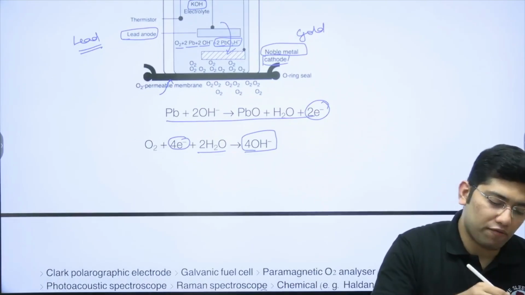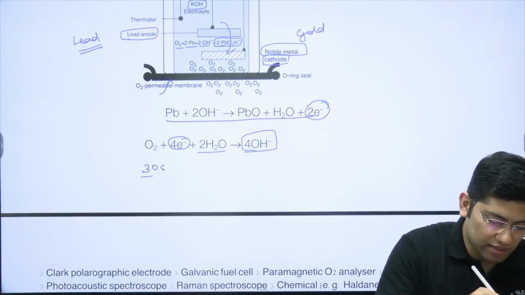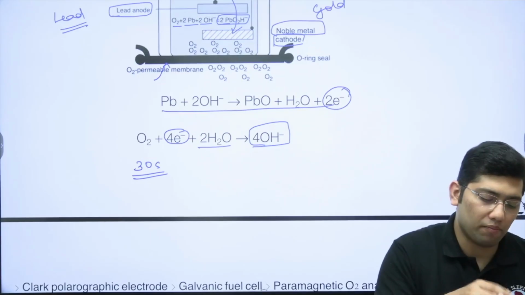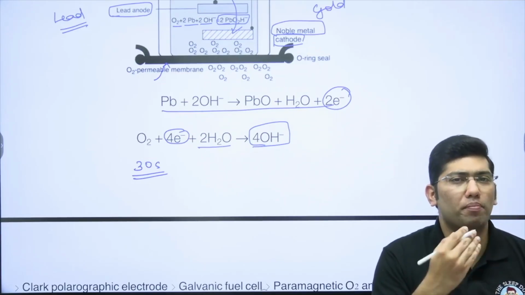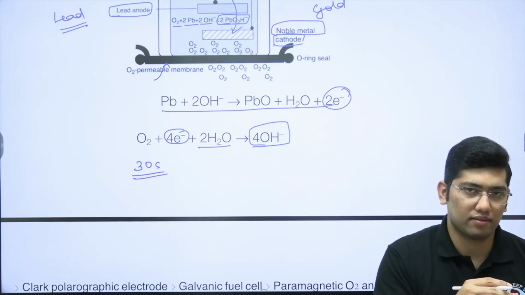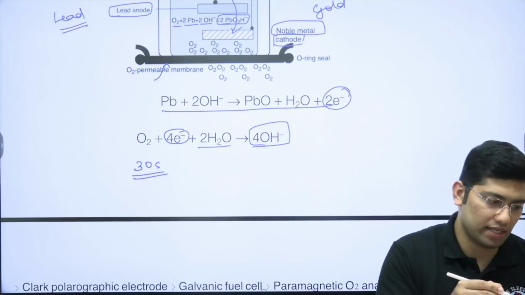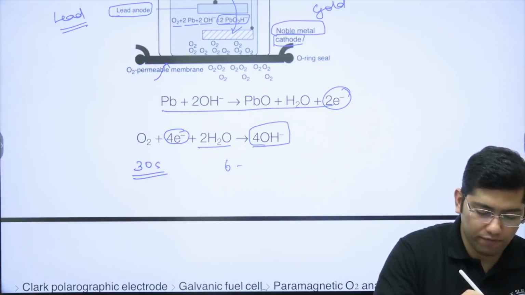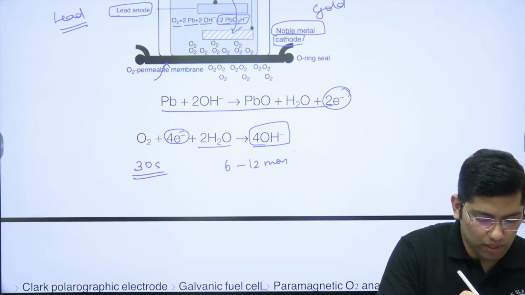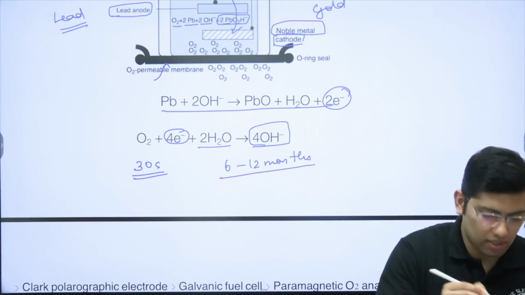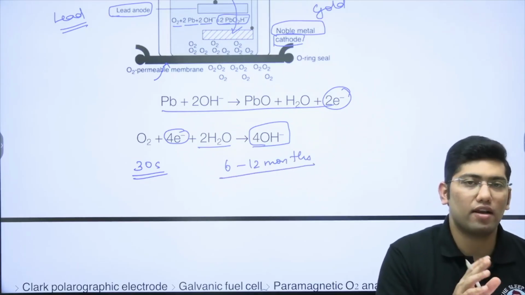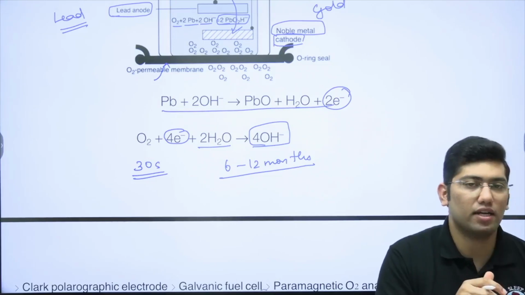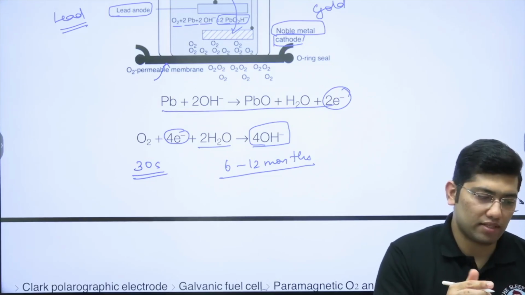The response time of this is 30 seconds. But it cannot be used for breath to breath analysis because the response time is 30 seconds, obviously. Now, here the reagents get consumed somewhere from 6 months to 12 months. So there, with the Clark electrode, we had roughly a 3 year lifespan. Here it is 6 to 12 months.